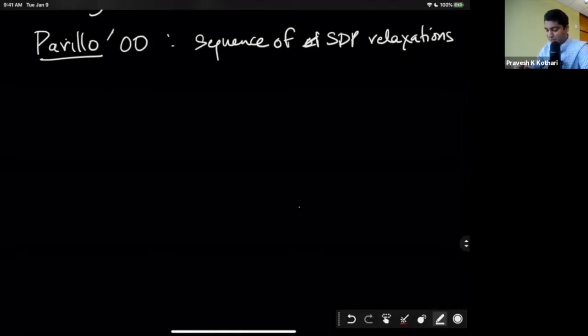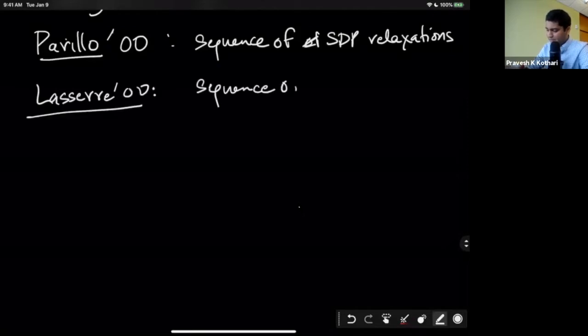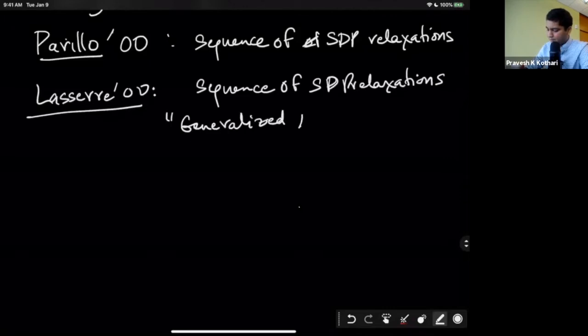And actually, at about the same time, Jean Lasserre defined a sequence of SDP relaxations to solve what is called the generalized moment problem. A priori, it doesn't appear related to us because it's not about checking polynomial feasibility like Parrilo was doing.